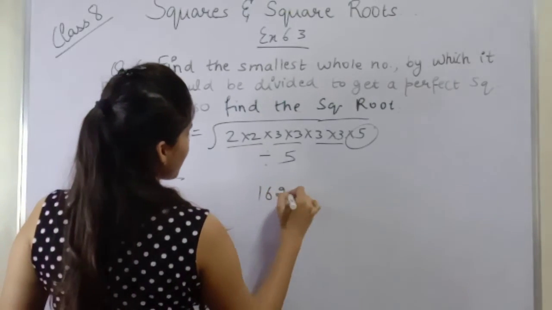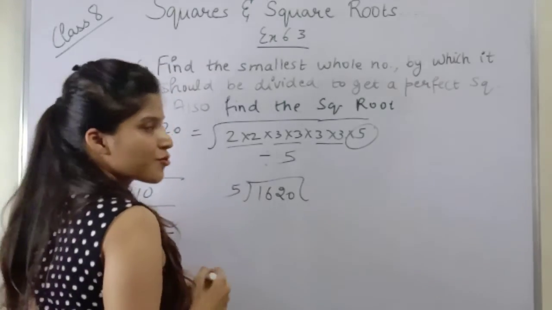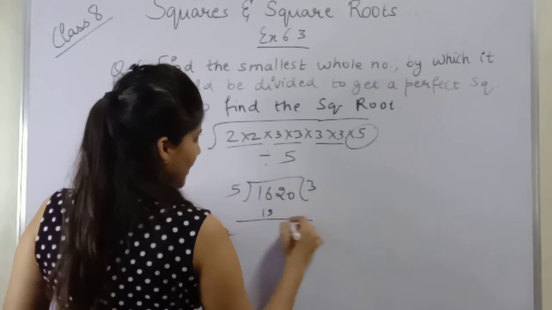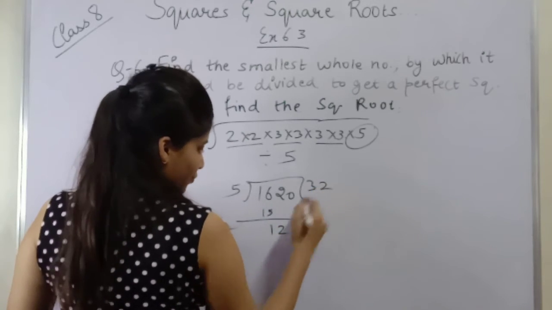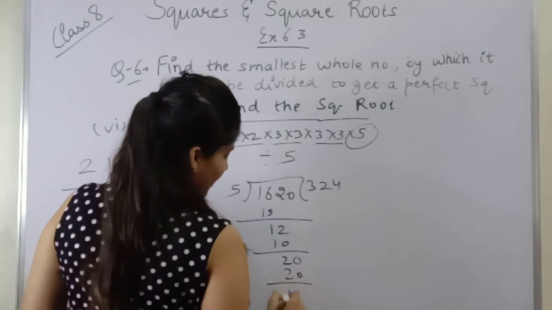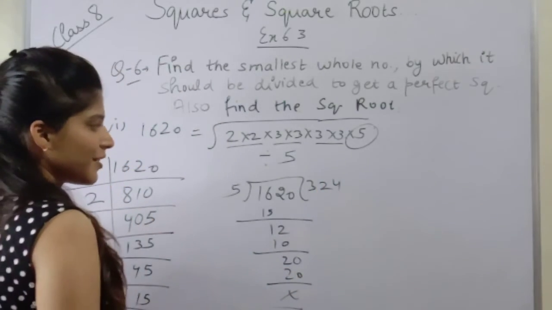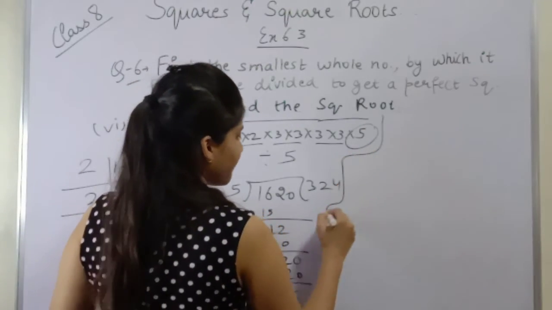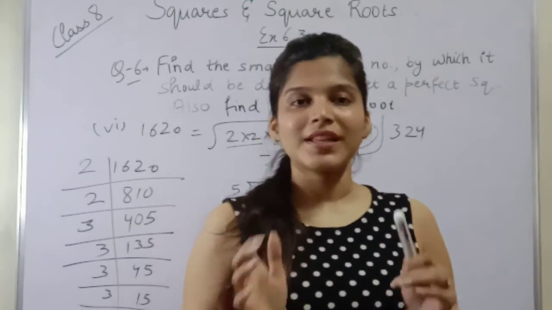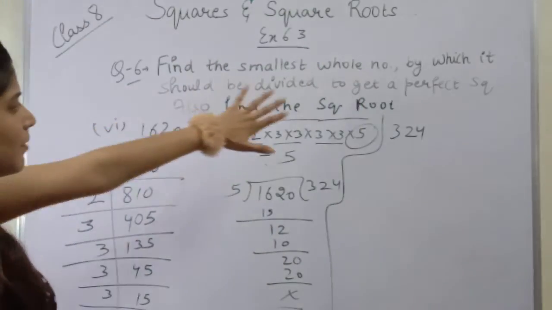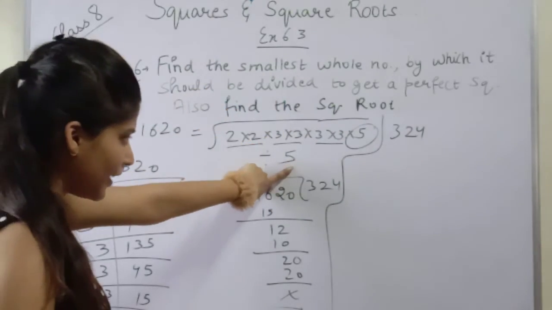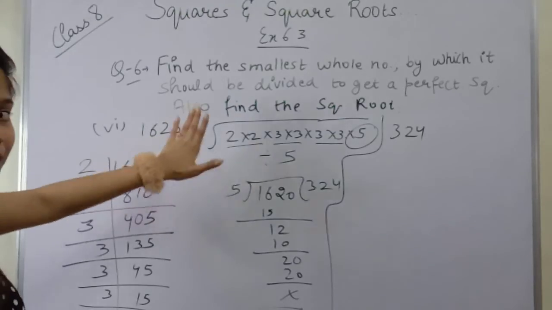So 1620 will be divided by 5 so as to get a perfect square number. 5 3s are 15, 5 2s are 10, 2 0 as it is, and 5 4s are 20. So we got remainder as 0, and the number is 324. So 324 is the perfect square number we got by dividing the smallest whole number 5 from the number 1620.